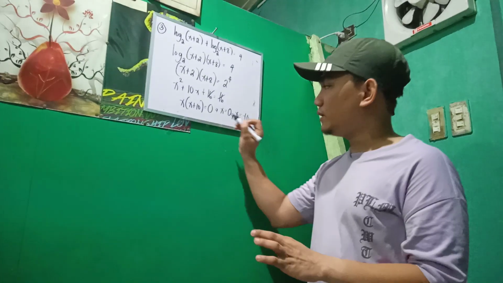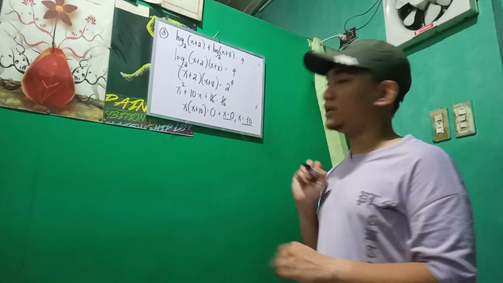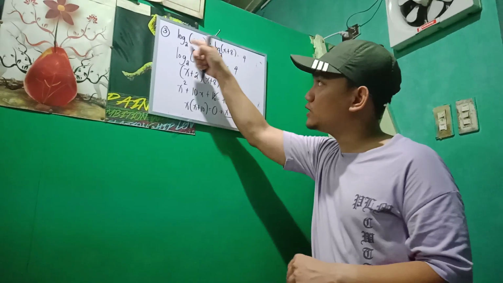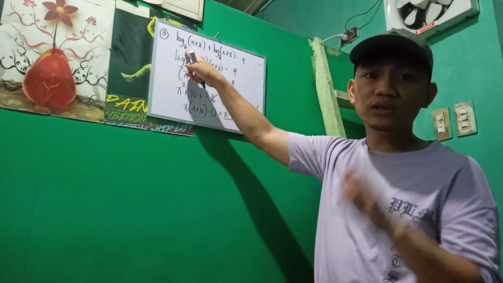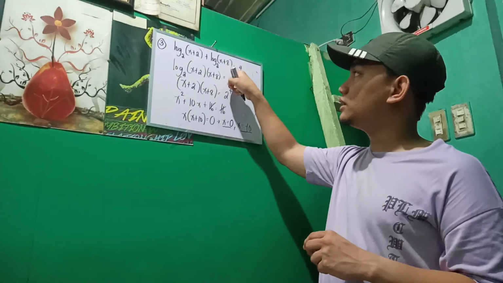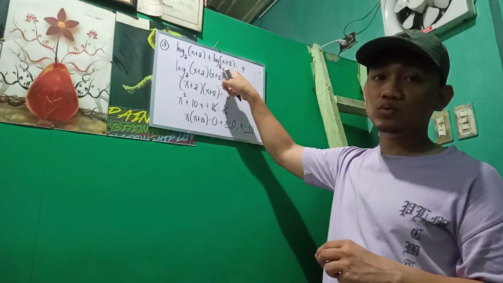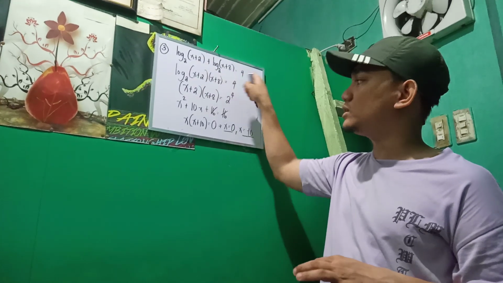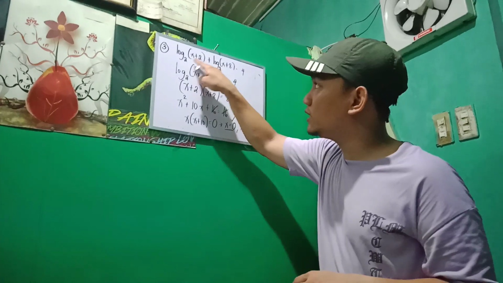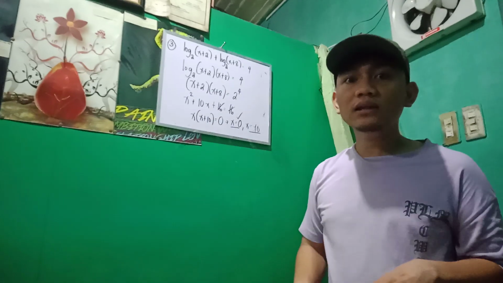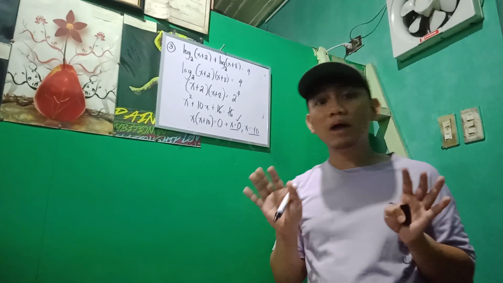So, try natin. Kunyari, di ba dalawa yung nakuha natin? 0 tsaka negative 10. Try natin yung 0. 0 plus 2. 2. Logarithm ng 2 base 2, that's 1. 0 plus 8. Log 8 base 2, that's 3. 1 plus 3 equals 4. Okay, check to. Try natin yung negative 10. Negative 10 plus 2. Negative 8. Dun pa lang, may doubt na tayo. Bakit?